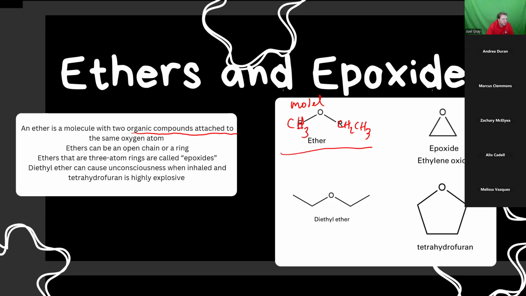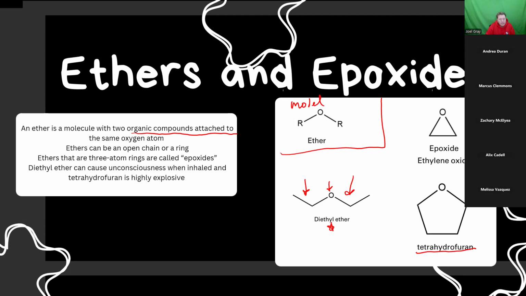So this ether is our model. Now, another example of an ether is seen right here. This is known as diethyl ether. We've got this oxygen in the middle, and then we have these two hydrocarbon-based chains coming off of that central oxygen.